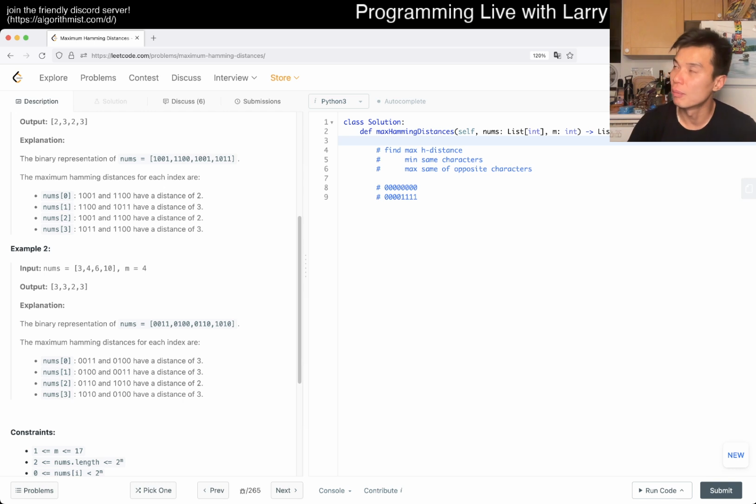You still have to, the merge is still n squared. I don't know that there's an easy way to get around it.